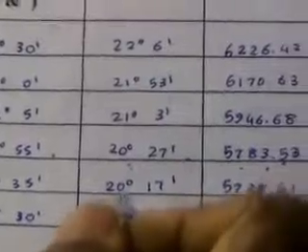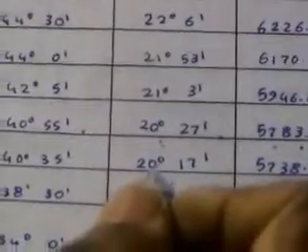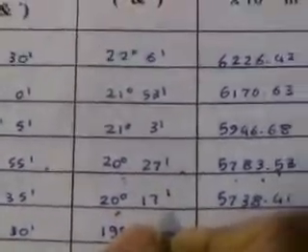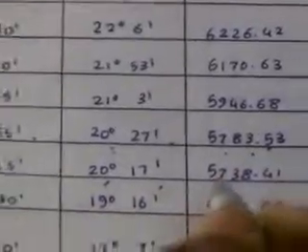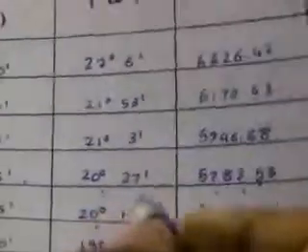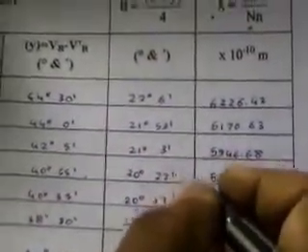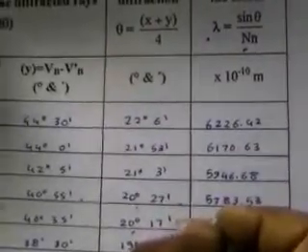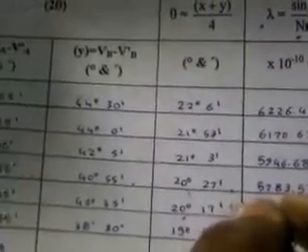Similarly for LO1, you can see the angle of diffraction theta is 20 degrees 17 minutes, which gives a lambda value of 5738.41. Note the readings for LO2 and LO1 differ only by 10 minutes in this case.